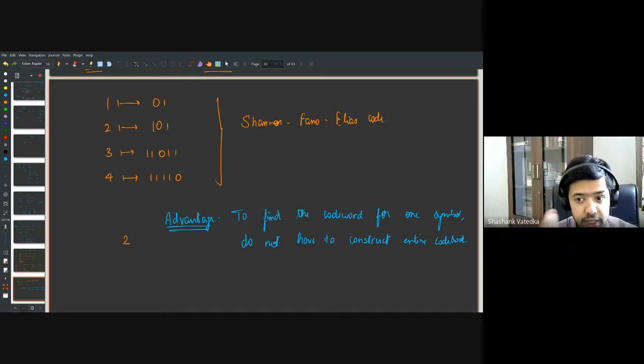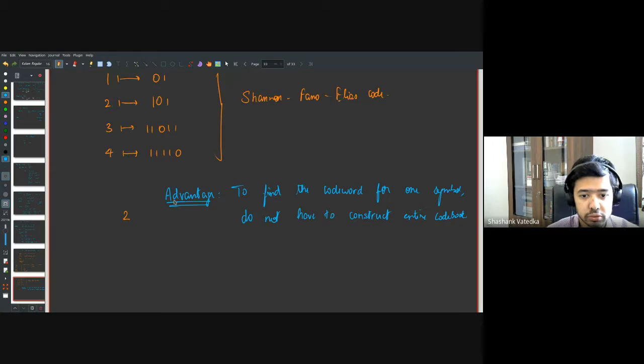Correct. Even this has the tree property. Even for this you can construct the code word tree, right? So it is going to be 0, 1, 0, 1. This is not an optimal code. Clearly, just by looking at this, you can say that this is not an optimal code. But this is still prefix free, so you can write it as nodes on the code word tree.